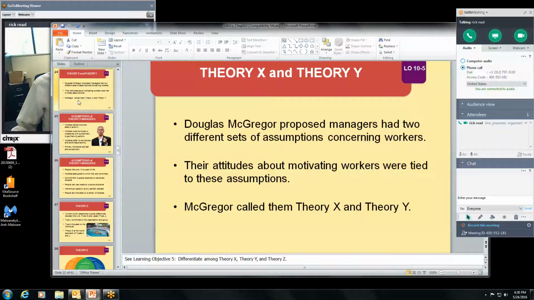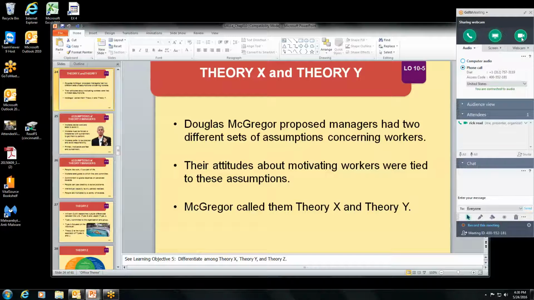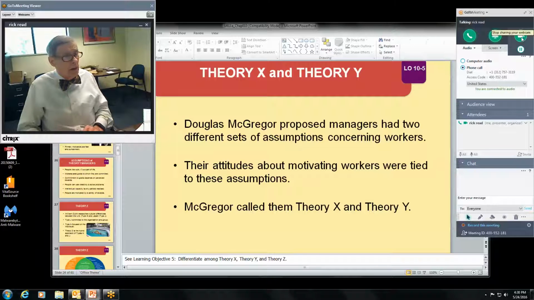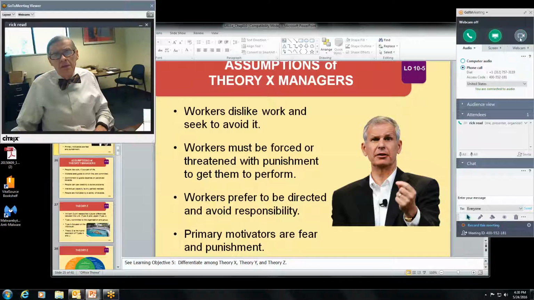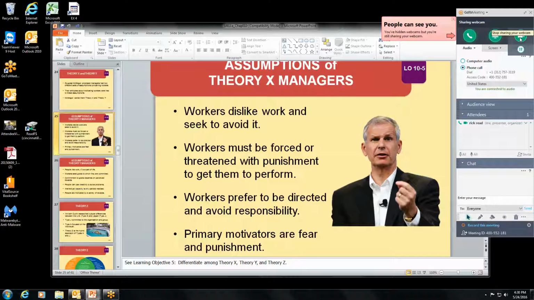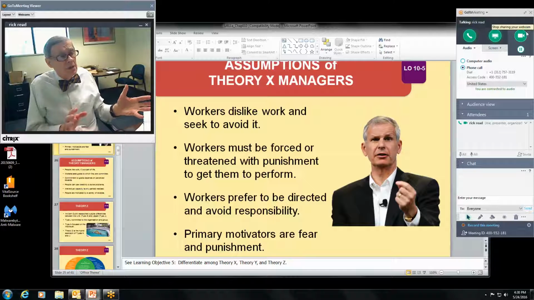And we're going to talk now about Douglas McGregor and his theory X and theory Y, which McGregor brought out in 1960, or around 1960. And this is, again, a motivating thing that he talked about. And what McGregor said is that managers, not the worker him or herself, but managers, categorize employees into two areas.